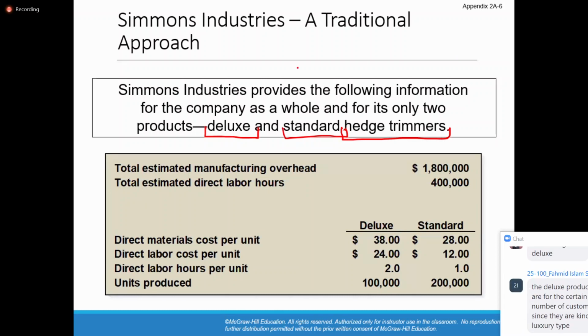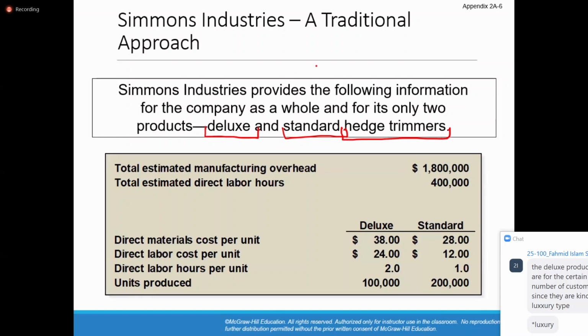Deluxe products, the cost of deluxe may need more cost. Deluxe products should be produced less because they are more expensive. The deluxe products are for a certain number of customers since they are kind of luxury type. Yeah.